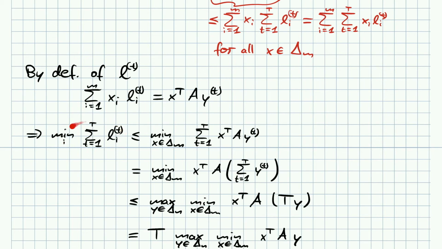This is now what is the best single choice in hindsight after this game. And the best single choice in hindsight is certainly not better than if the column player chose something, and then the row player chose something depending on this. Good.